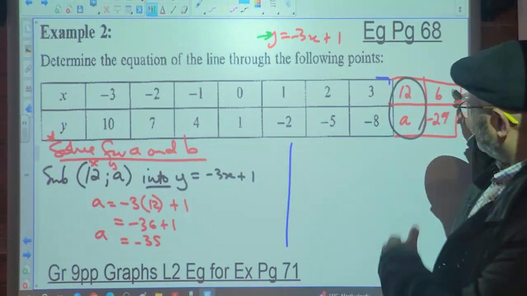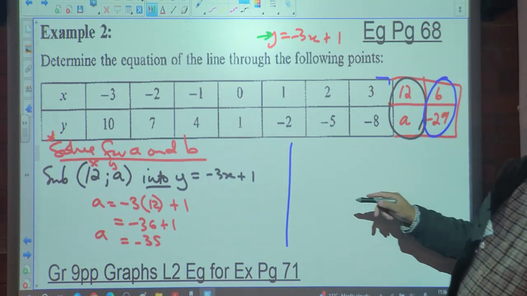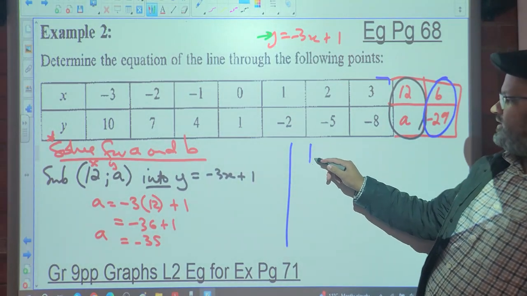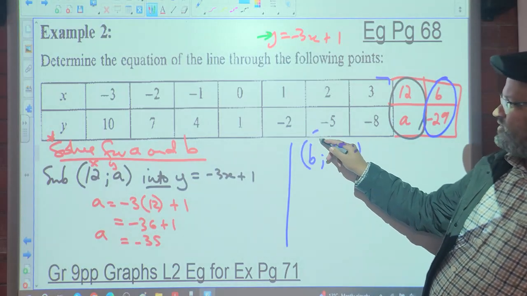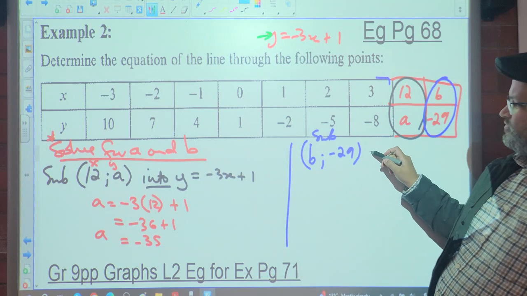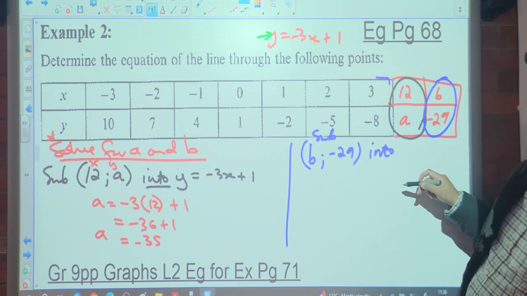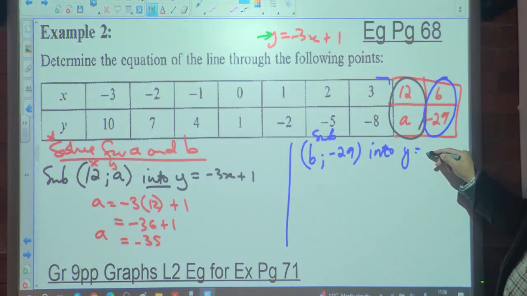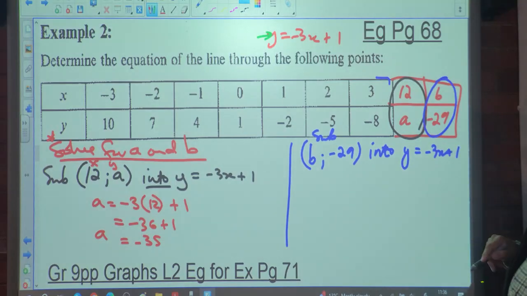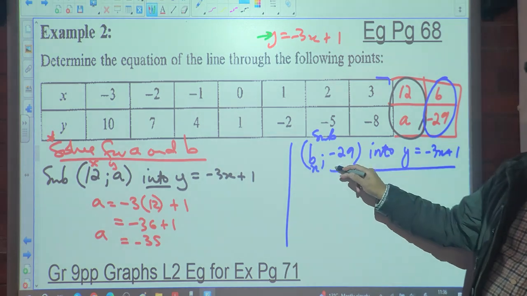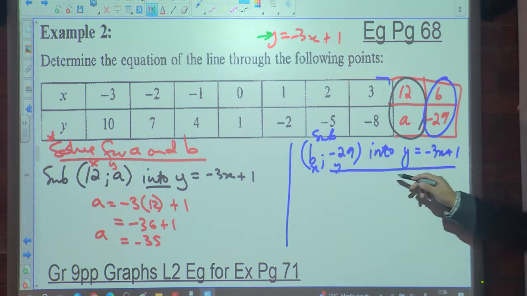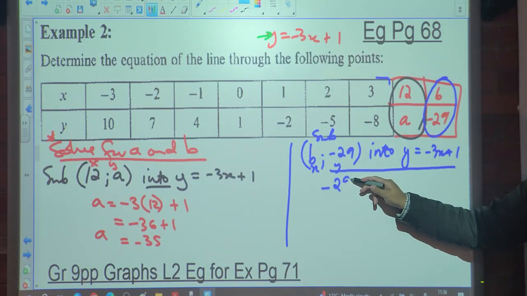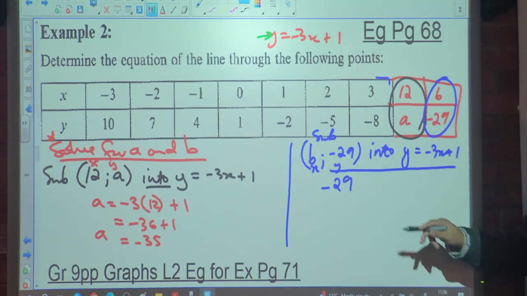So here, what is this coordinate here? P and negative 29. So we will substitute P and negative 29 into the equation of the straight line, which is y is equal to negative 3x plus 1. Remembering this is a x and a y. So do the substitution, what do we get? Negative 29, Pumla, you okay?